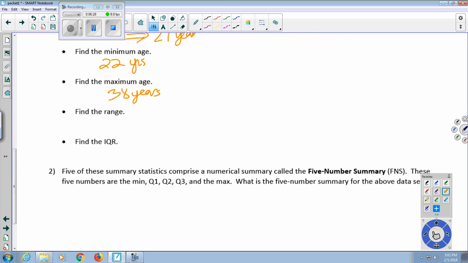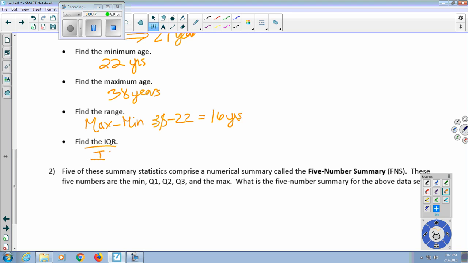Find the range. Our range is always our maximum minus our minimum, which is 38 minus 22, which becomes 16 years. Find our IQR.